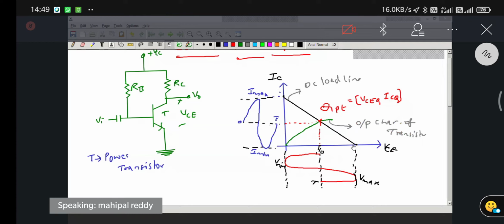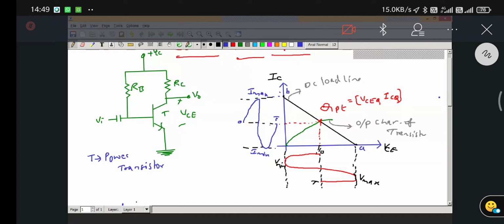We need to find the points of the DC load line on the x-axis, that is on the VCE axis, as well as the point on the y-axis, that is on the IC axis. So this point is A, this point is B.